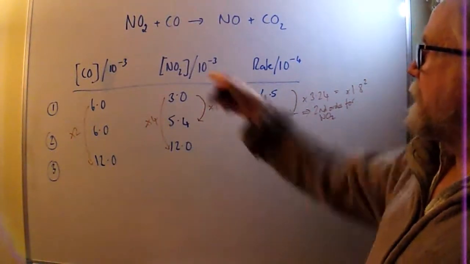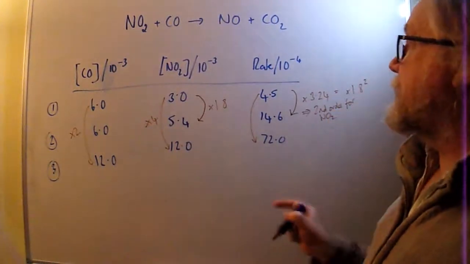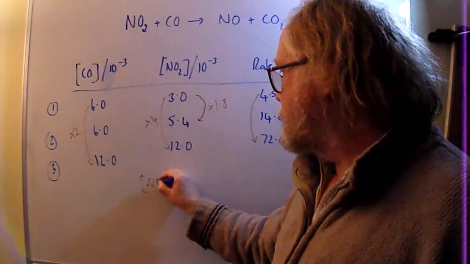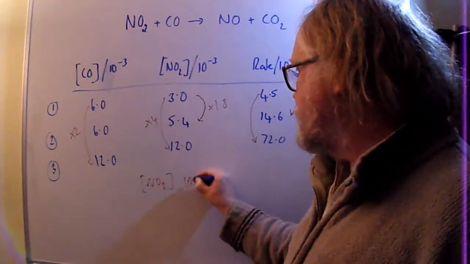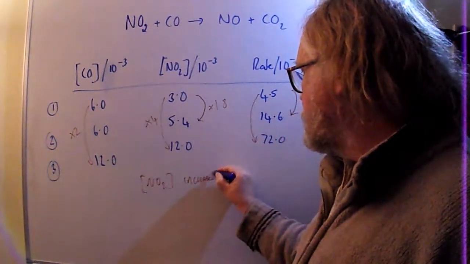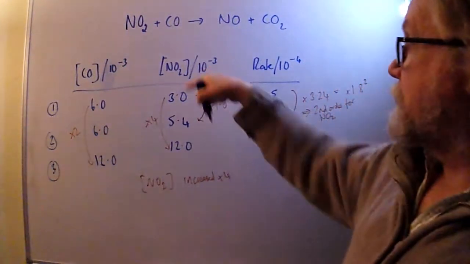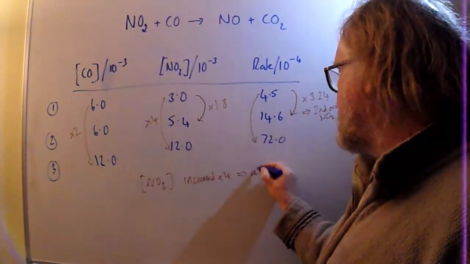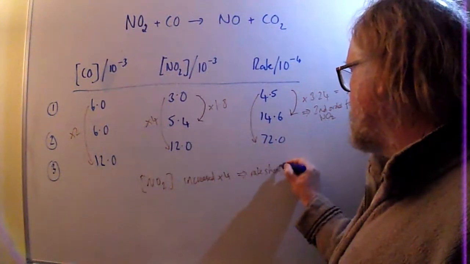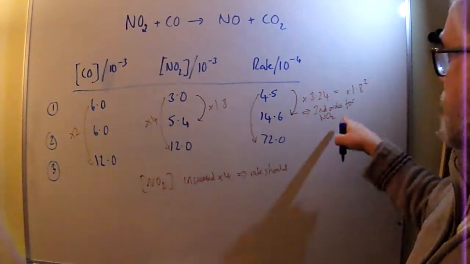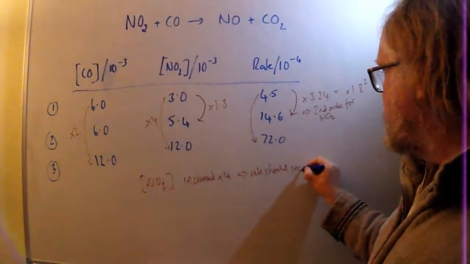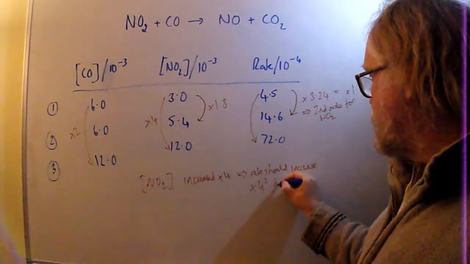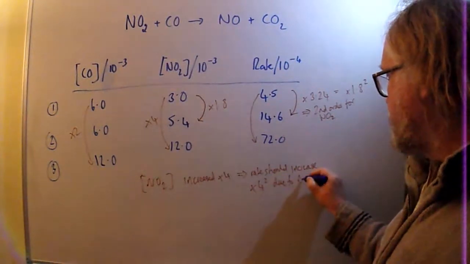Now if we look at, first of all, the NO2, because we know what effect that should have. Okay, so NO2 increased ×4 when we're comparing 1 and 3. And that means that the rate should increase ×4 squared, because we know it's second order for NO2, we've just worked that out. So the rate should increase ×4 squared due to NO2.